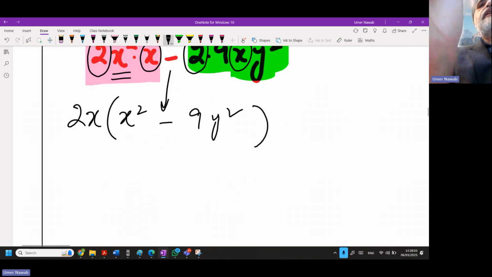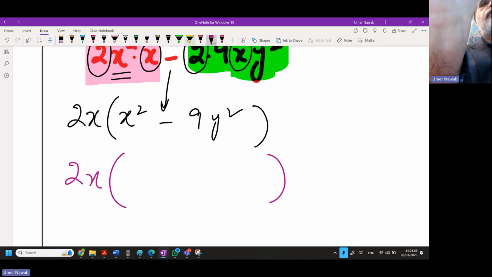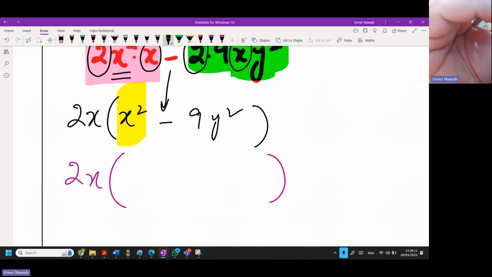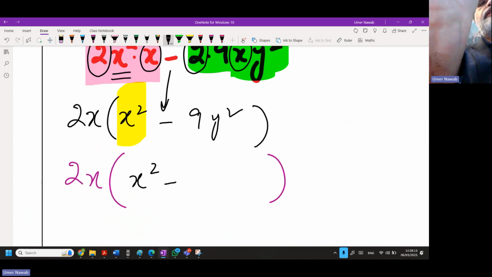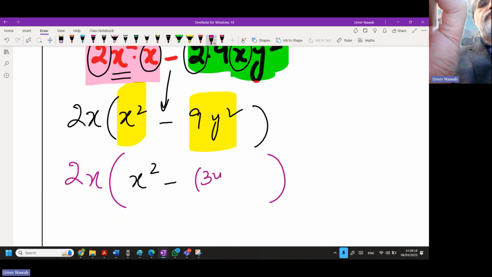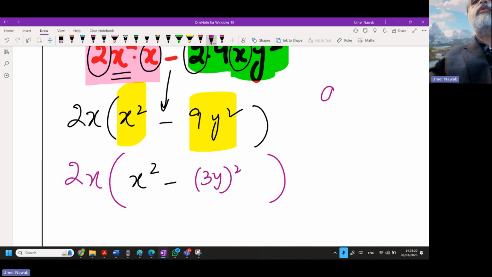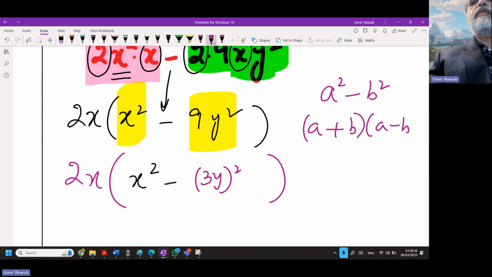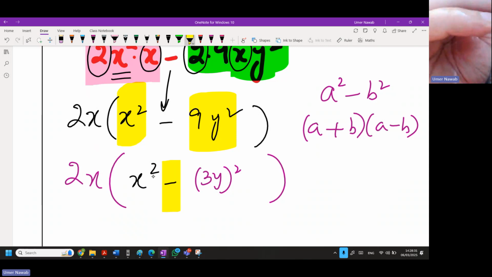Now this question is a little bit complicated. Why? Because this x squared can be written as x squared, but this 9y squared, as I told you, I can write as 3y whole squared. Since I told you a squared minus b squared can be written as (a plus b)(a minus b), which is called the difference of two squares, is there any chance of a difference of two squares?